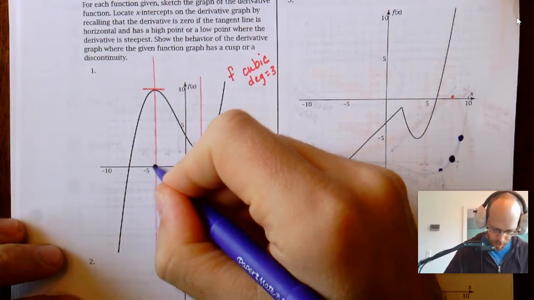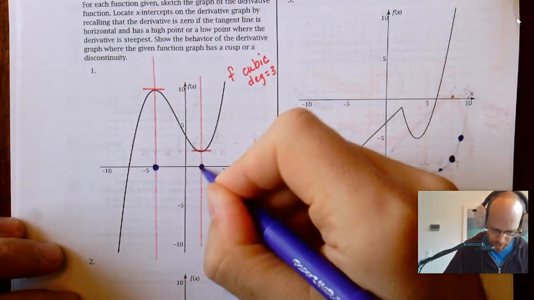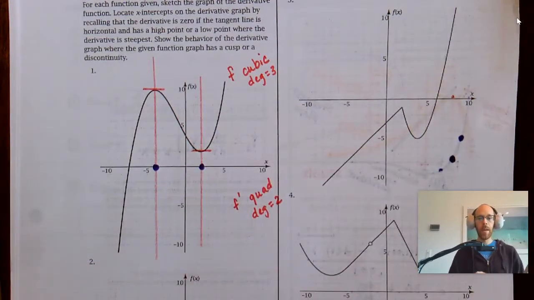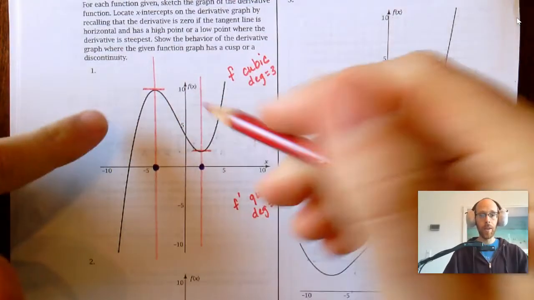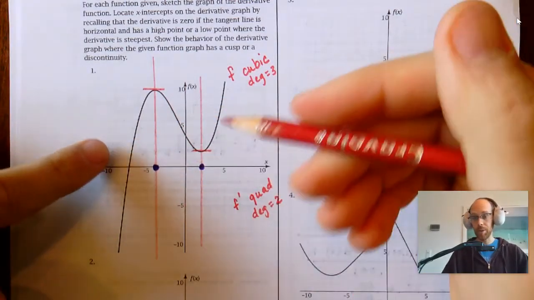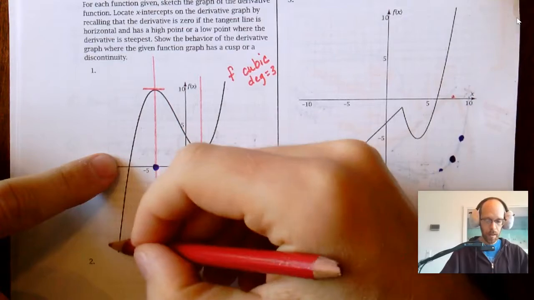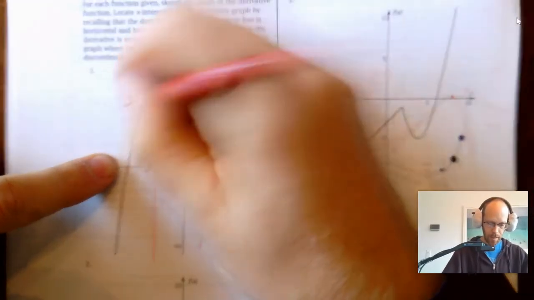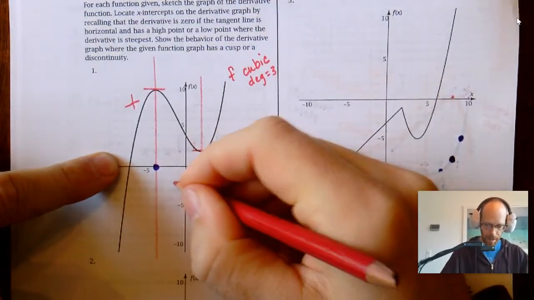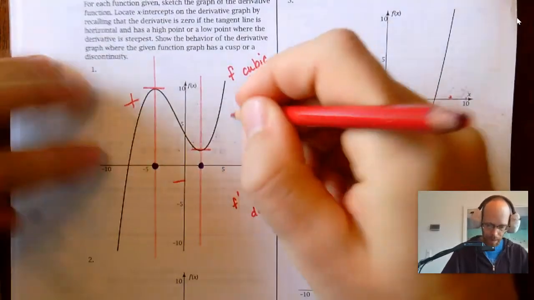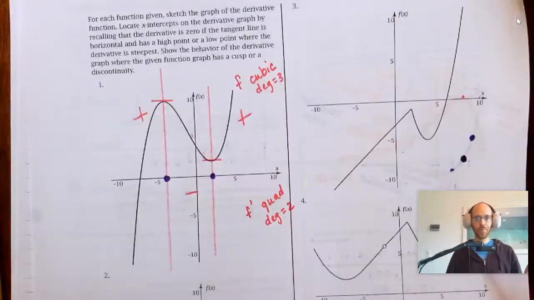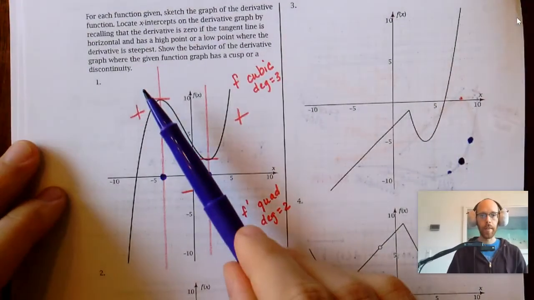First, it makes sure that I mark here and here that these are places where the derivative will be 0. The other thing we can say is that we know that the graph we're about to draw of the parabola, increasing means positive, decreasing means negative, increasing means positive. So we know that our graph is going to go like this.